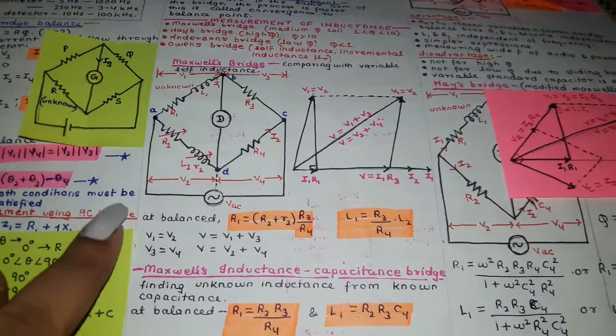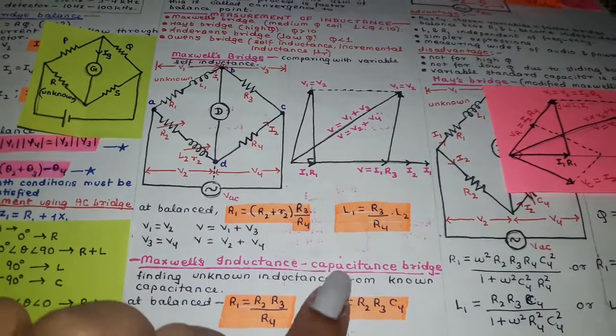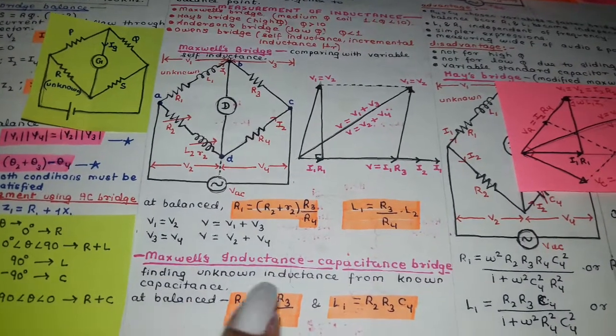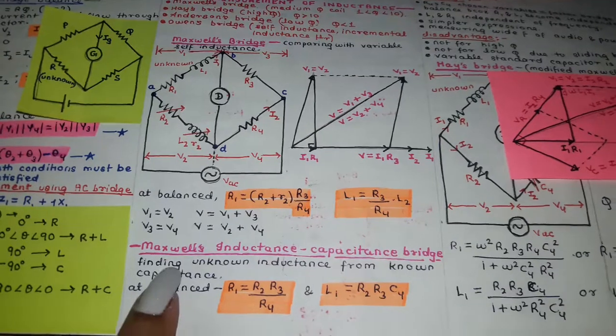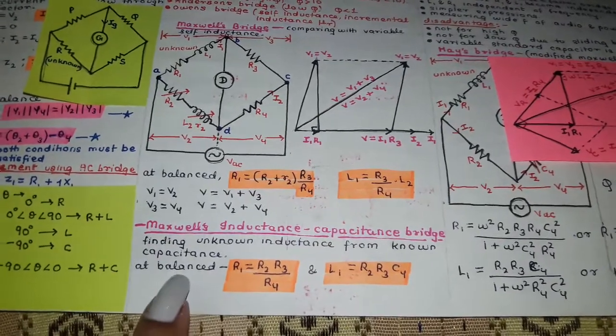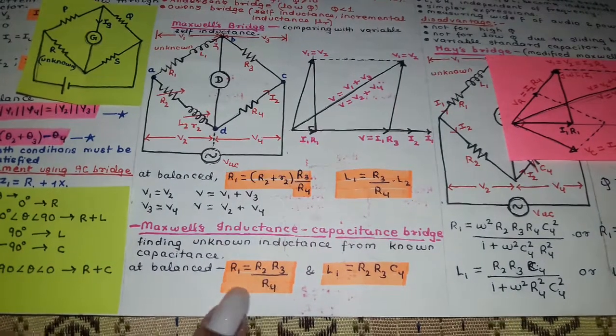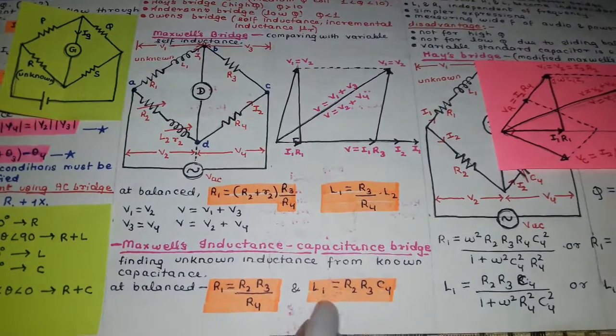Now we are moving on to Maxwell's inductance capacitance bridge. Here we are finding the unknown inductance from a known capacitance. When you balance the bridge, your unknown resistance is given by this and your unknown inductance is given by this.